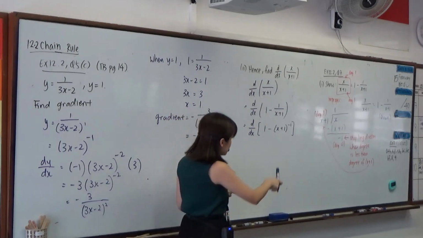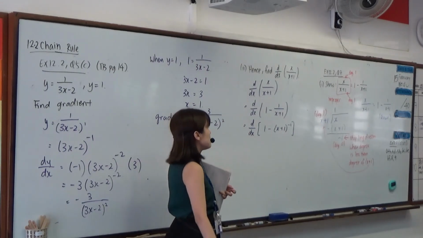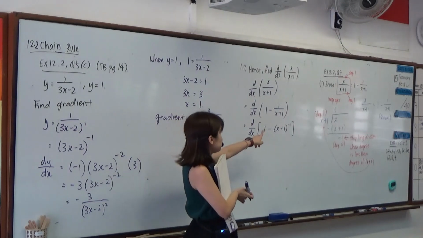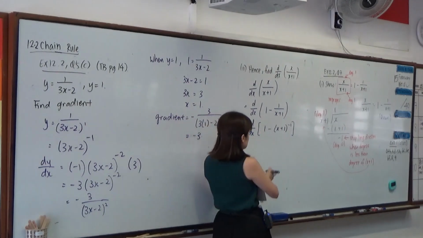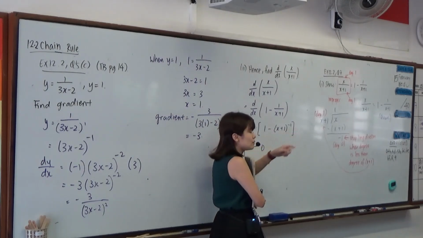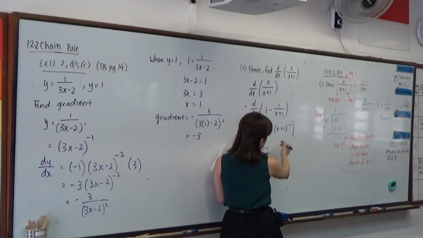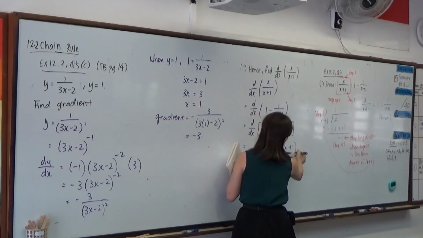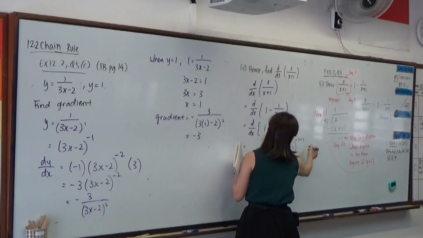Okay, then now I can go about applying my power rule and my chain rule. Differentiate 1 is 0. Differentiate negative x plus 1 to the power of negative 1 is negative. Power bring down negative 1. X plus 1, power minus 1.